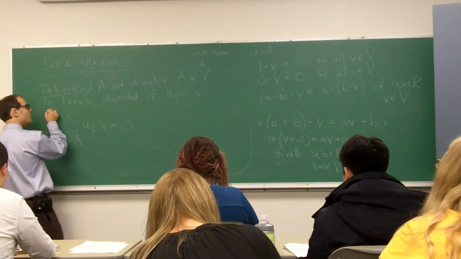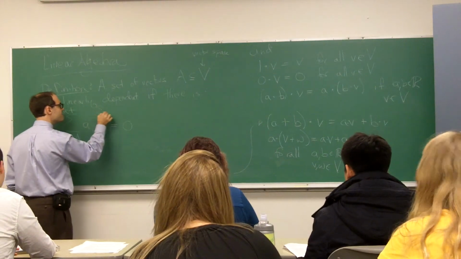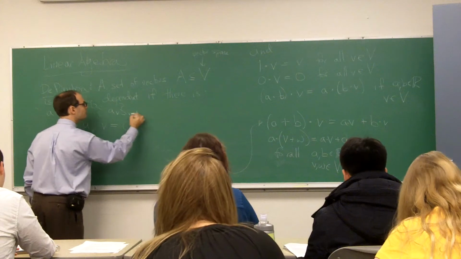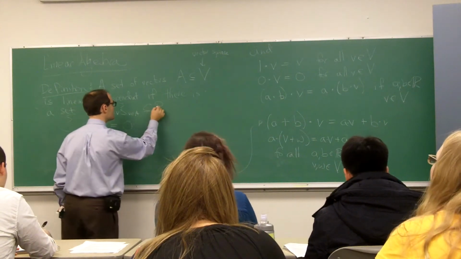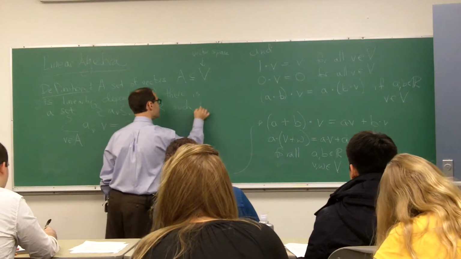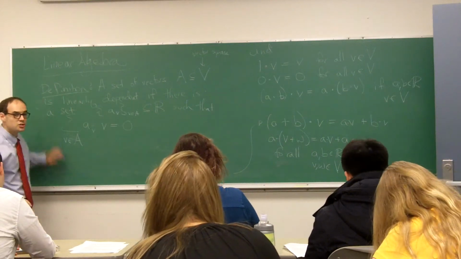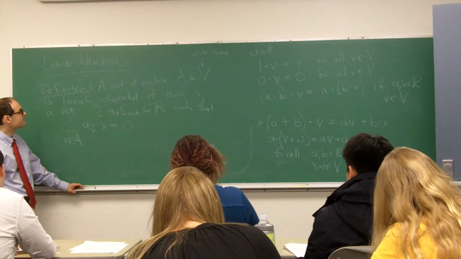So there is a set a sub v, v in A, and this is a collection of real numbers, such that this weighted sum, i.e. linear combination, vanishes. Usually you think of A as being a finite set, it doesn't have to be that.